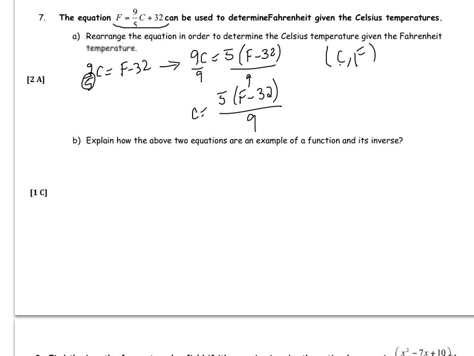If C is given, I can find F. In the next one, I can find C if F is given. And you can see from these two points that C and F are swapped. And this is an example of inverse functions.